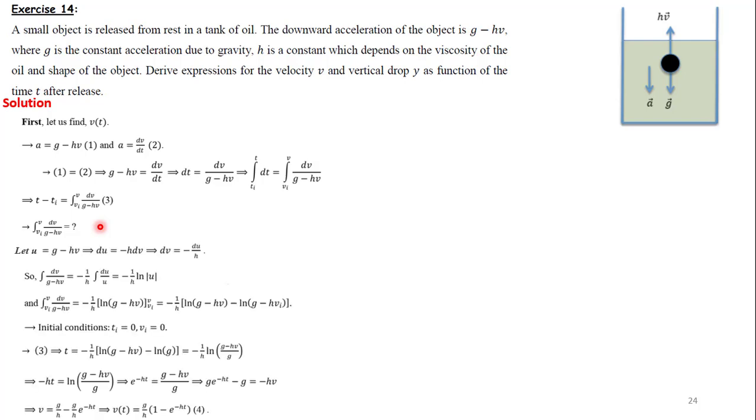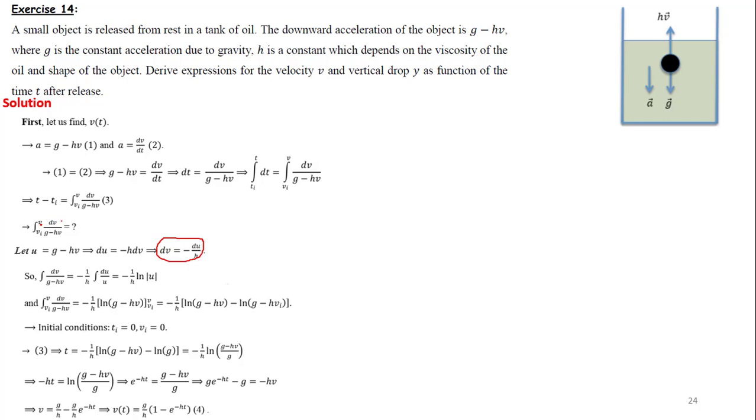So here are the details. Let u be g minus hv. du over dv is equal to minus h. So we can write dv is equal to minus du over h. Okay, so this is dv. Let's put this dv here in the numerator.